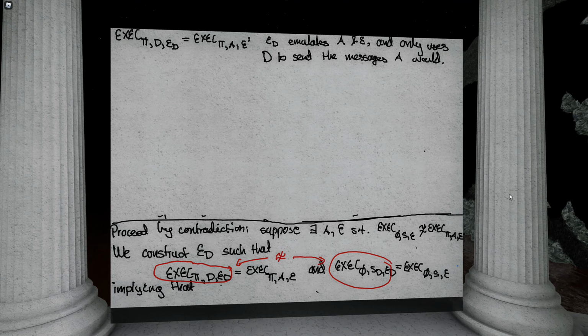So the last piece of the puzzle is the other equality, exec phi SD ED equals exec phi S E. Okay, so let's consider SD, the simulator for the dummy adversary, connected to ED.